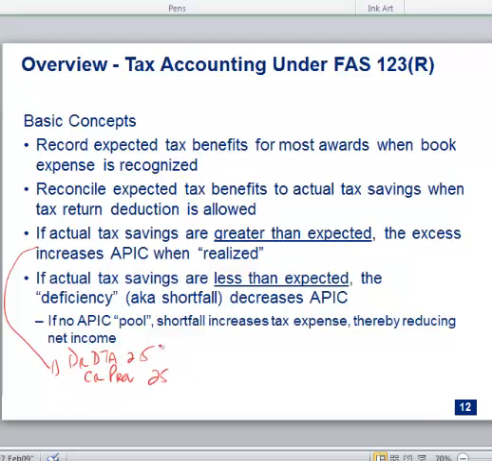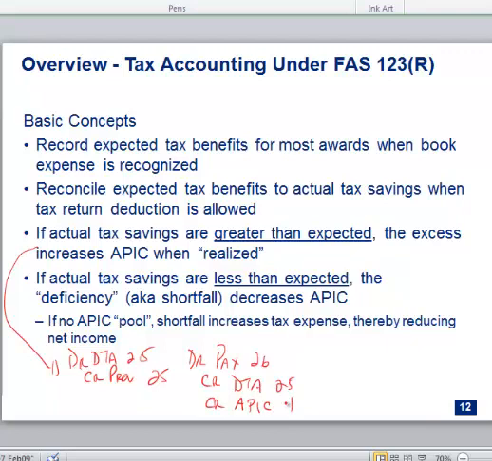Then the stock goes to 26, you vest, there's a $26 deduction. Okay? So you debit payable for 26, credit your DTA for 25, because that's all you had, and you credit APIC 1. Okay? That's how that works.